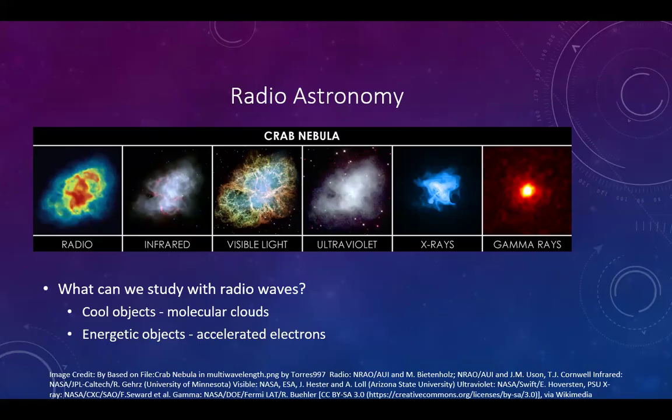It has to do with the electron flipping between aligned and unaligned with the magnetic field of the proton. That puts out radio waves. So it's good for cool objects and also certain extremely energetic objects where electrons are being accelerated. So stuff falling into a black hole pumps out radio waves. Other things like that.